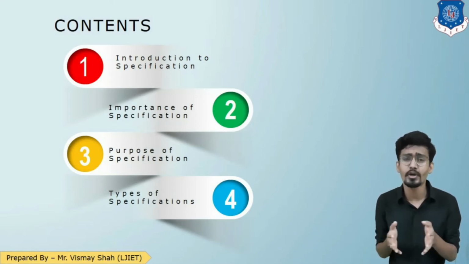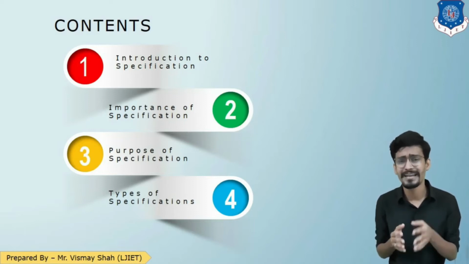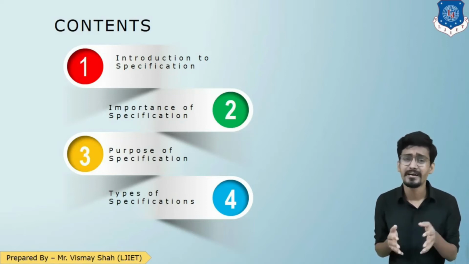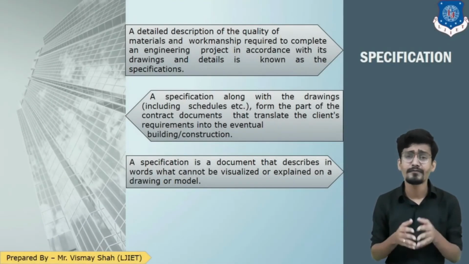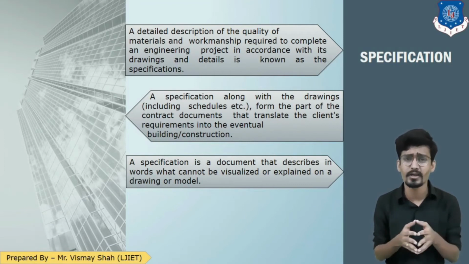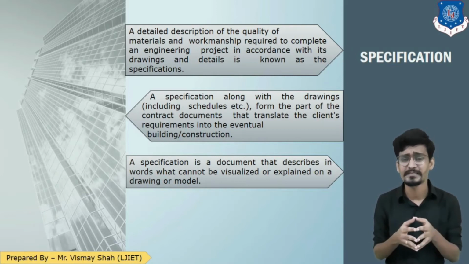As I've already told you what specification is, let us now look at the technical aspect. A detailed description of the quality of material and quality of workmanship required to complete an engineering project in accordance with the drawings and its details is known as specification. Yes, you have heard it correct.